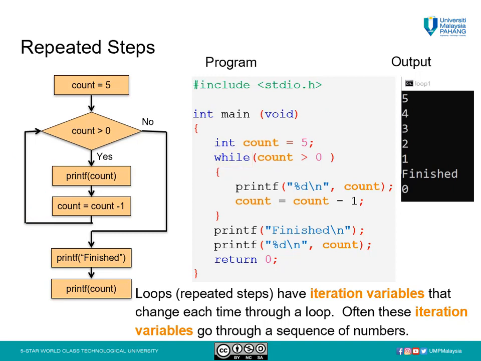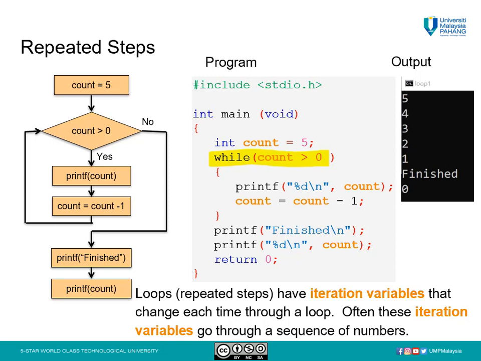Let's use this program to explain the concept of loops or iteration. So here we have integer count, which is initialized as 5, and then we have the while statement here. The while statement is just a question: is count greater than 0? This leads to a true or false answer.